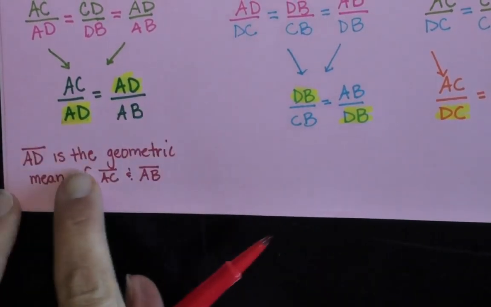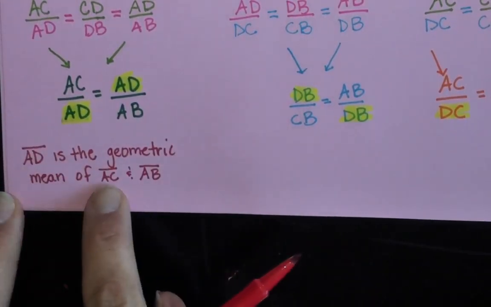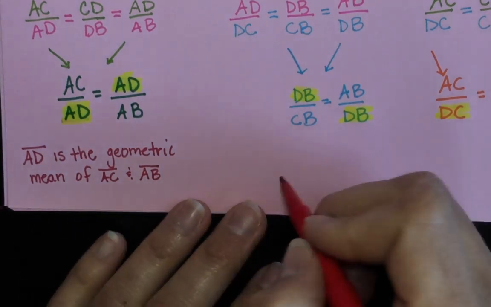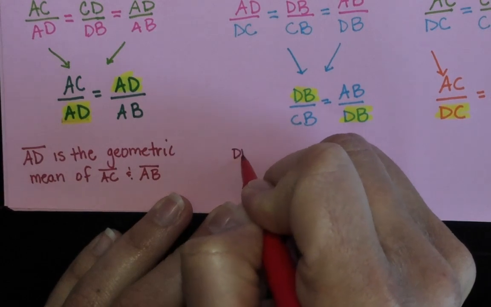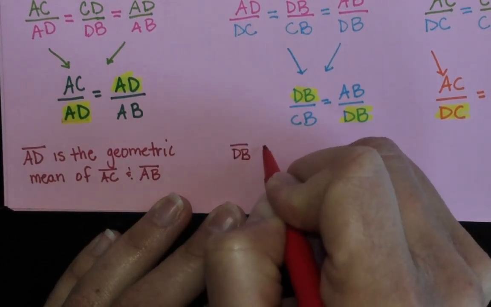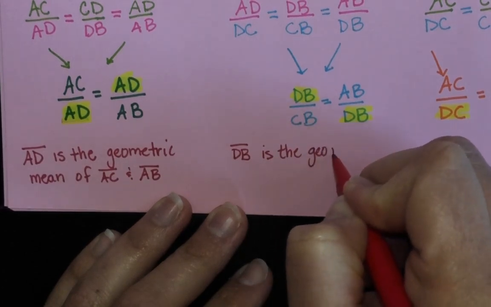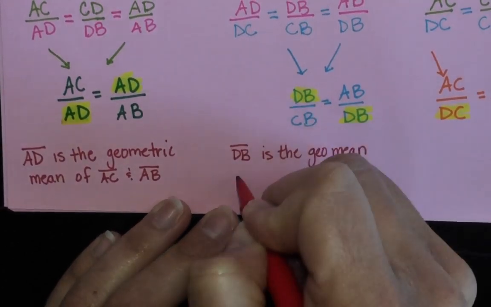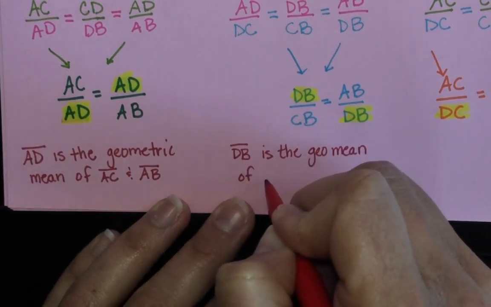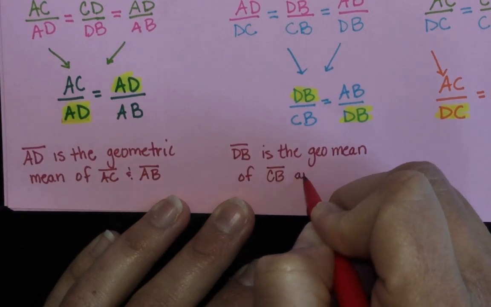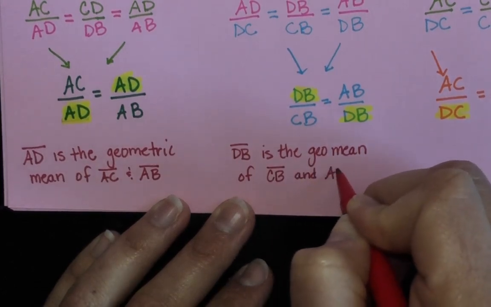AD is what's called the geometric mean of those two segments, AC and AB. We're going to define what a geometric mean is here in a second. So that means over here, DB is the geometric mean of CB and AB.